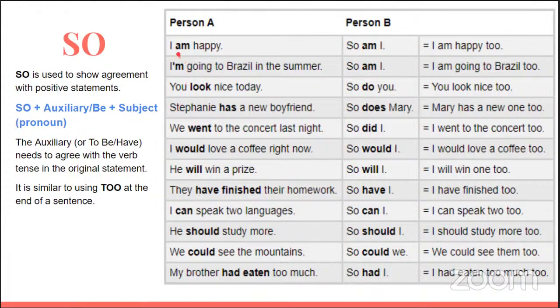Here, we have this phrase, I am happy. And how can you answer to this one? Can you read, please, this example? So am I. And the other way? I am happy too. Correct. The next one. I'm going to Brazil in the summer.